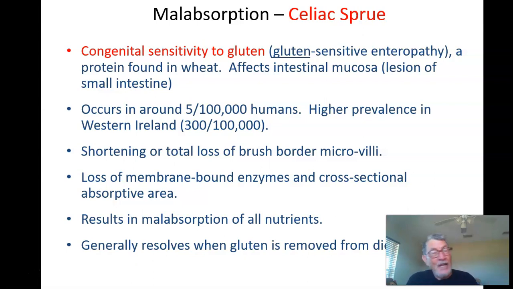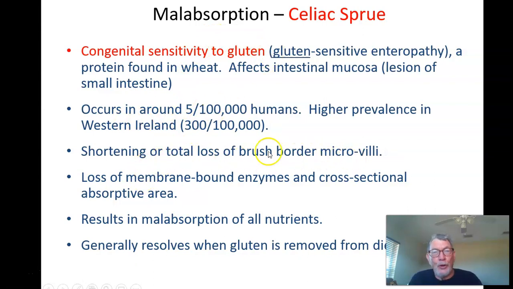We evolved eating bread. Gluten sensitivity is not a problem for people who absorb things normally, just like sugar is not a problem for people who have normal sugar processing, unless you eat too much of it and you get fat, or you don't brush your teeth and you get cavities. But your body is designed to handle these. But if you can't, gluten sensitivity.